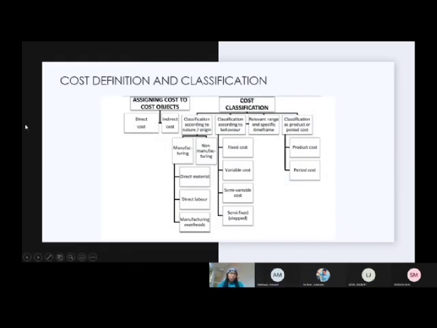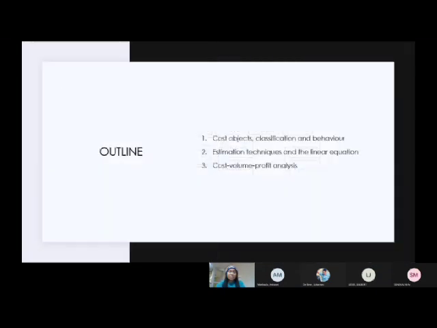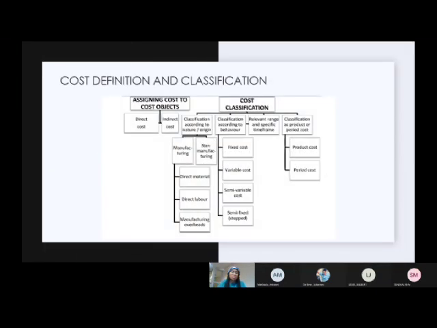Okay, so the first thing under cost object classification and behavior is this diagram. It's inside your module. It talks about assigning cost to cost objects. That's what we're going to look at when you look at your direct and indirect cost. Then we look at how you classify your cost, according to its nature or origin, where we look at manufacturing and non-manufacturing cost.